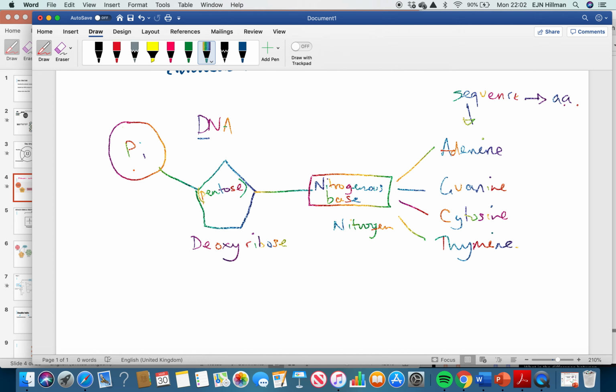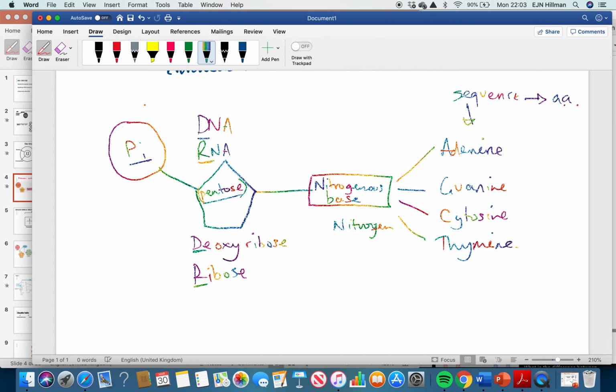It still has an inorganic phosphate group. It still has a pentose sugar. The difference is RNA contains the pentose sugar ribose. Hence the name RNA, that R from ribose and the D for deoxyribose.